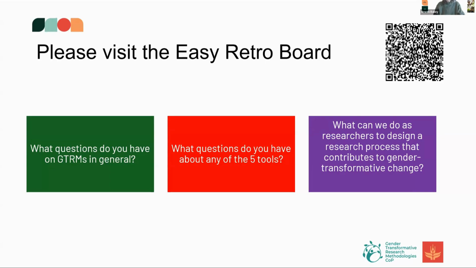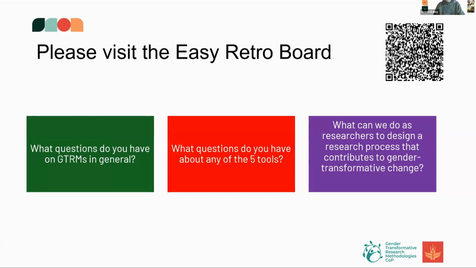And then, more in a reflective sort of idea, what can we do as researchers if we want to design a research process that contributes to gender transformative change? So if you go into that Easy Retro board, you can put your questions and your reflections in there.